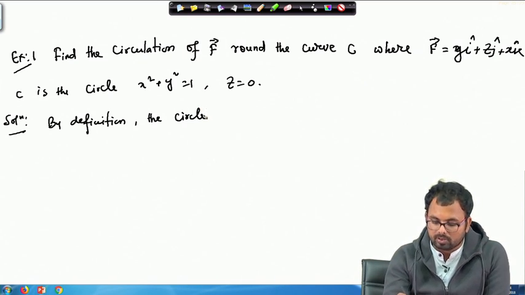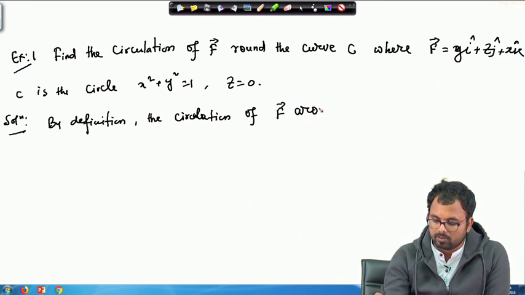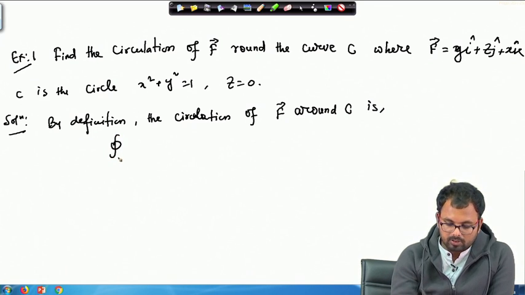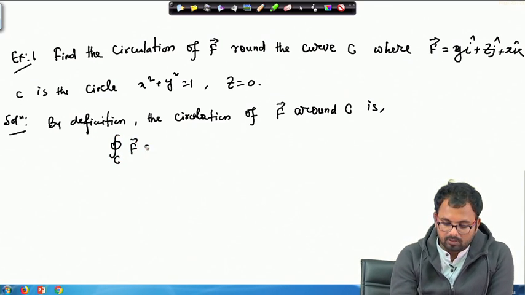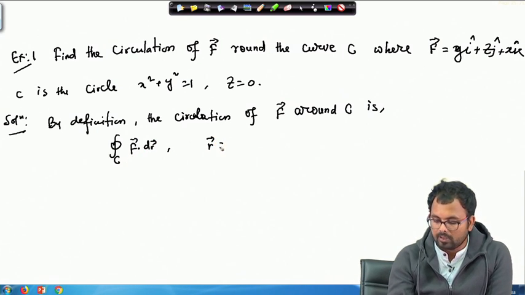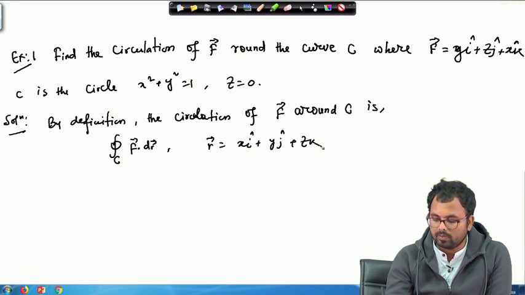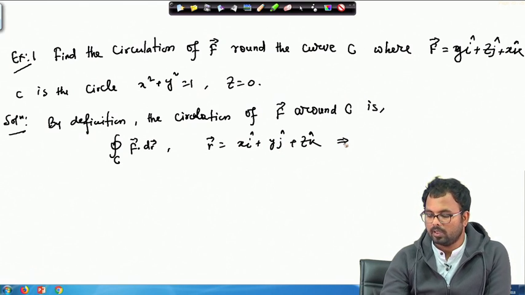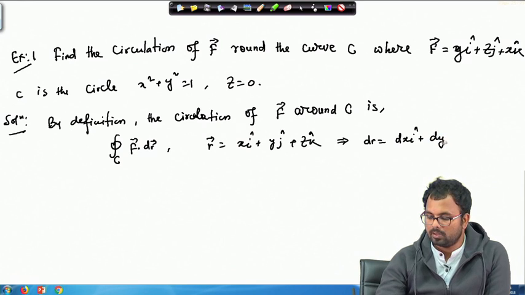So by definition the circulation of f around C is this notation, integral of f dot dr. Here r is xi plus yj plus zk, so dr is equal to dxi plus dyj plus dzk.